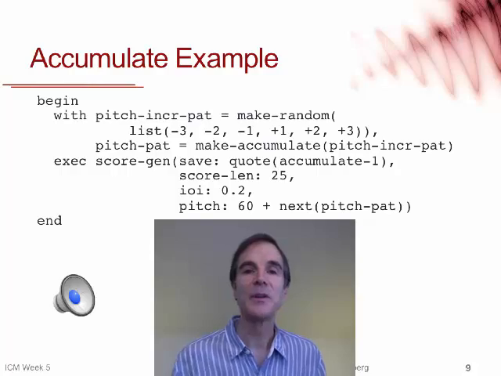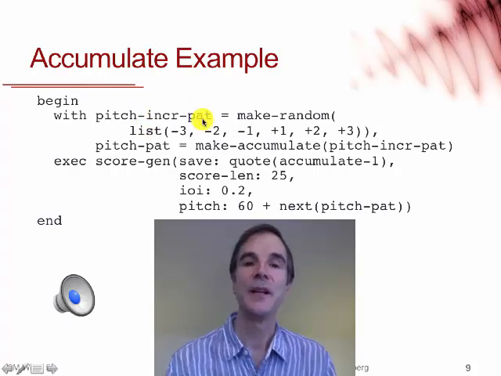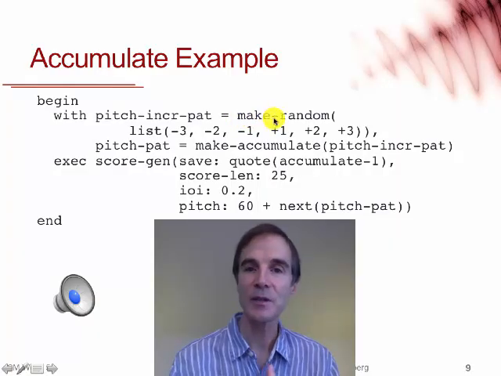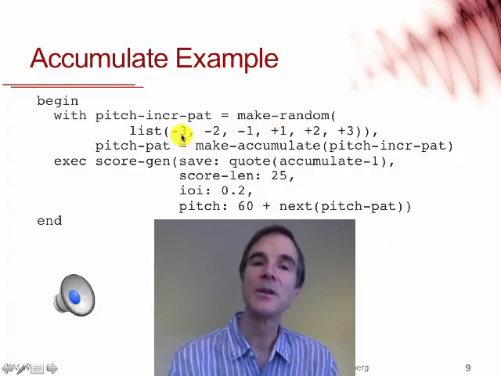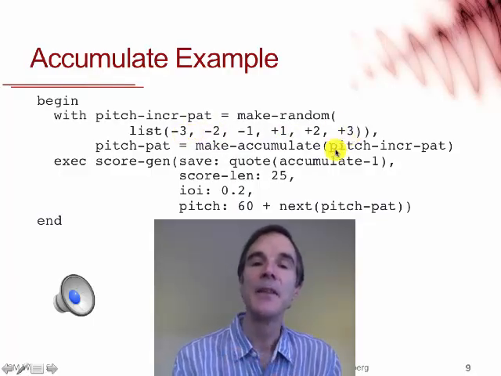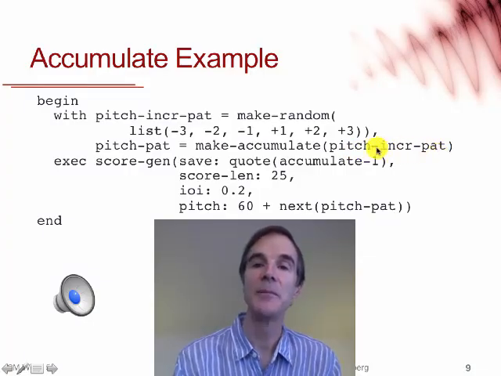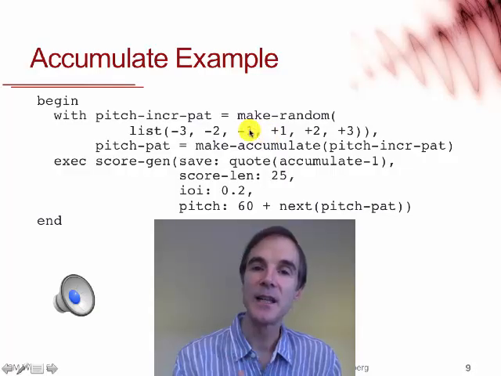So here's an example of accumulate. We define pitch increment pattern to be make random. What this is going to do is return a sequence of random numbers from -3 to +3. And then make accumulate is going to take pitch increment pattern as input, and it's going to form the sum of sequential selections from these random numbers.